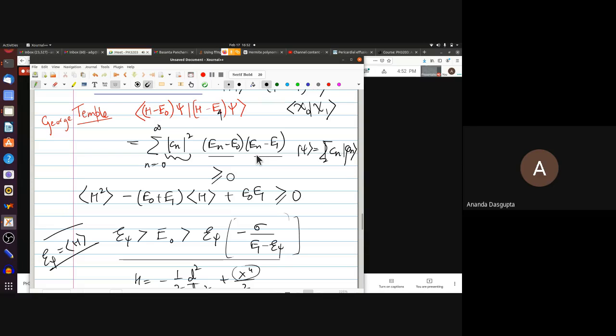And then you could use that to figure out that E0 will come. So there's an E0 sitting here. You would have to manipulate it a bit, and ultimately you'll end up with this inequality. But the starting inequality is that this thing is greater than or equal to 0. Why? Because this sum has to be greater than or equal to 0. Is everybody sure that they have understood why this sum is greater than or equal to 0?